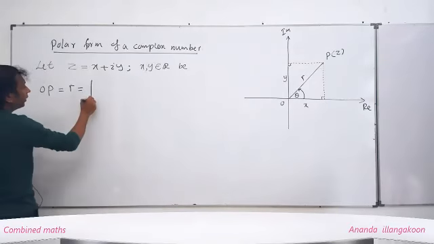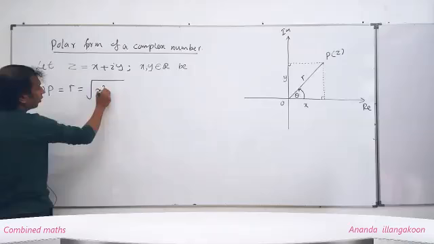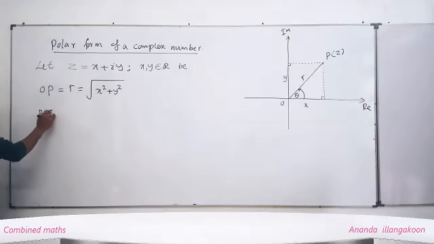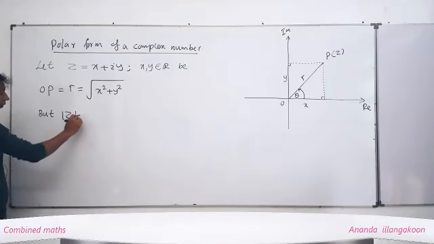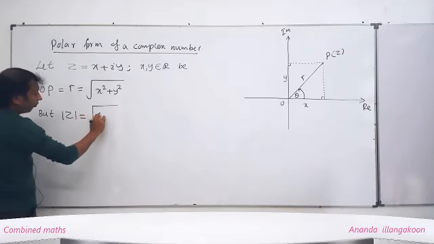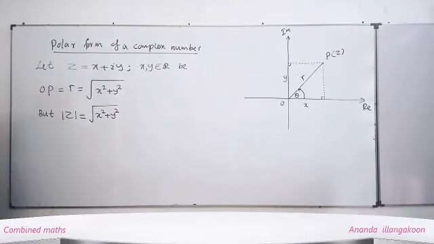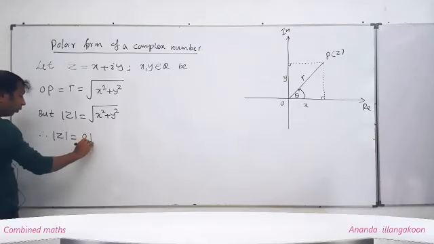By the Pythagoras theorem, you can write root of x square plus y square. But mod Z is equal to the square root of x square plus y square. Therefore, mod Z is equal to OP.